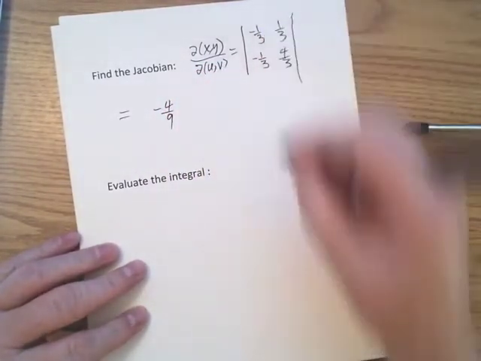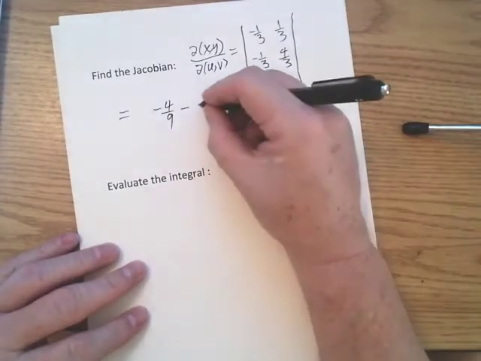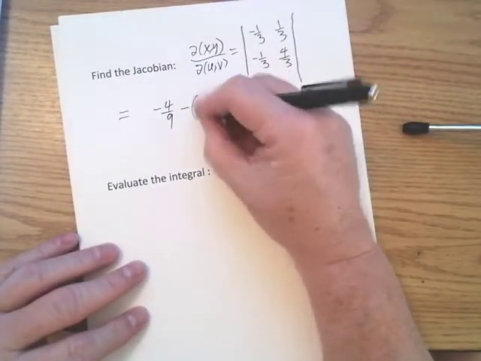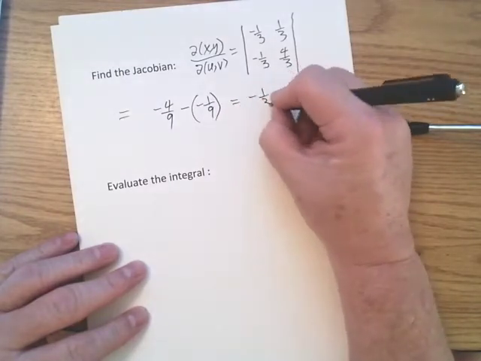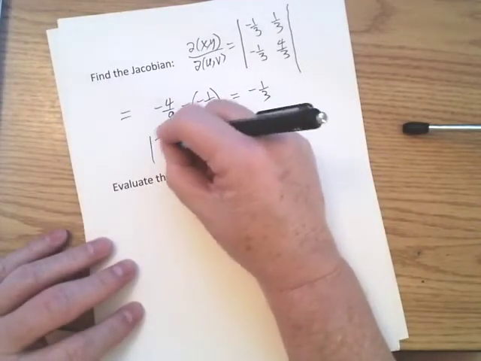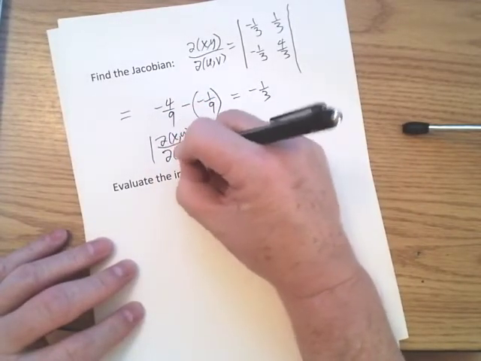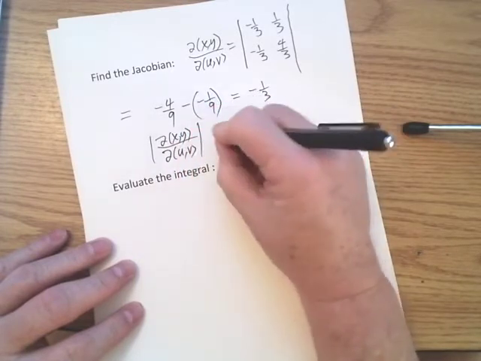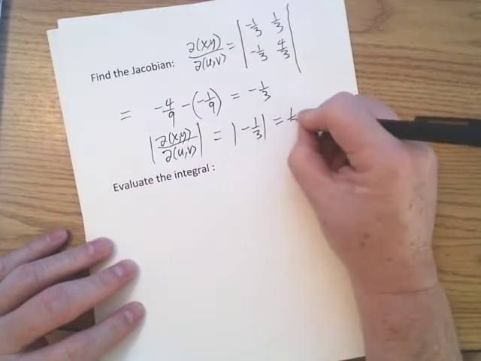When we multiply here, minus negative 1/9. So that's negative 1/3, because that becomes negative 3/3. The absolute value, which is what we're really looking for, ends up being the absolute value of minus 1/3, which is 1/3.